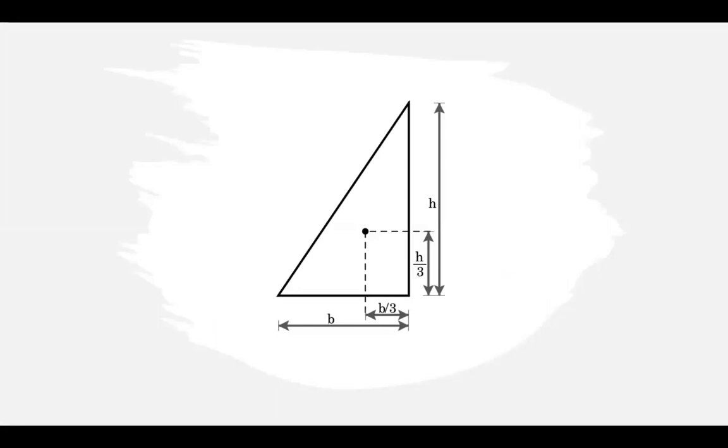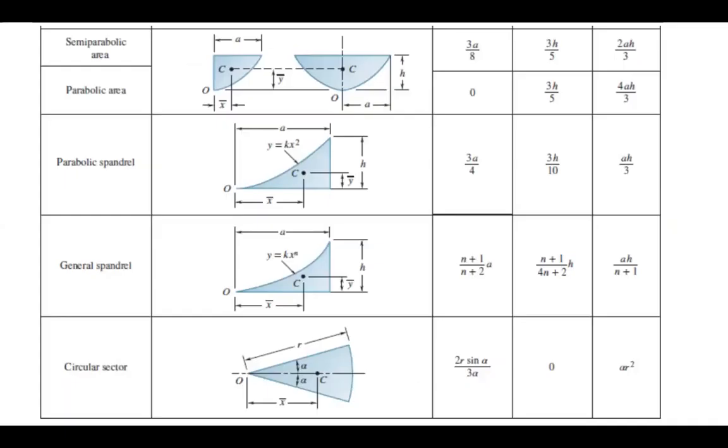For a right triangle, for instance, the x bar coordinate is found at b minus b over 3, and then the y coordinate is found at h over 3. Of course, you're going to have to manipulate this according to the specific problems, because sometimes the orientation of the triangle may be different. Here are some more tables.